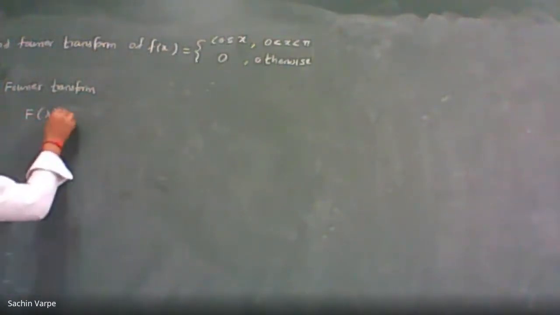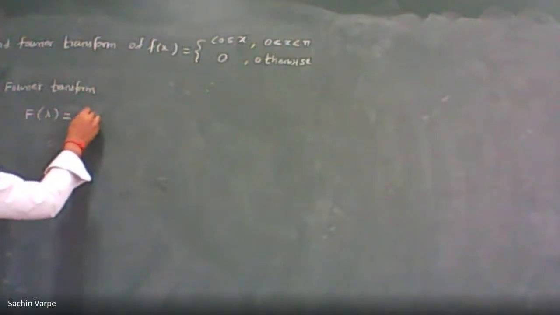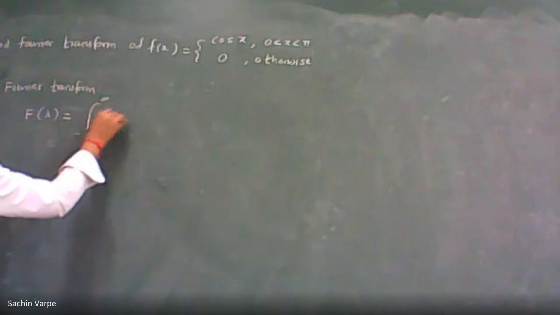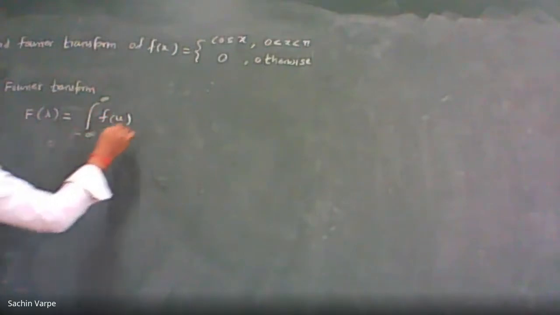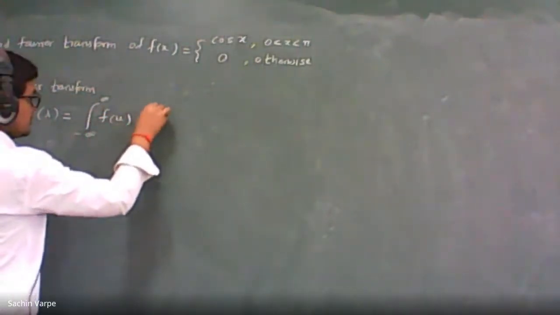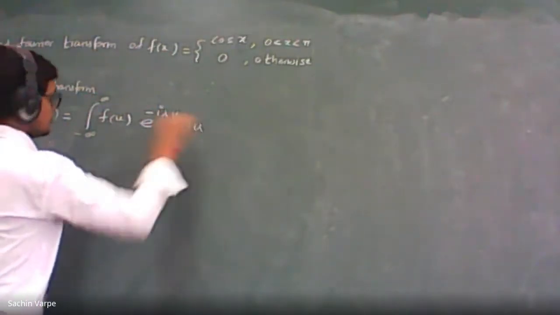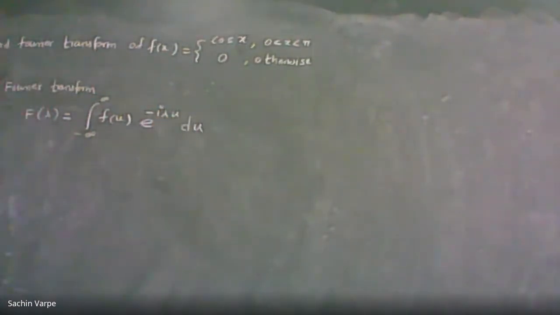Anyways, F of lambda is integral from minus infinity to infinity F of u e to the power minus i lambda u du. Right? This is the actual Fourier transform.